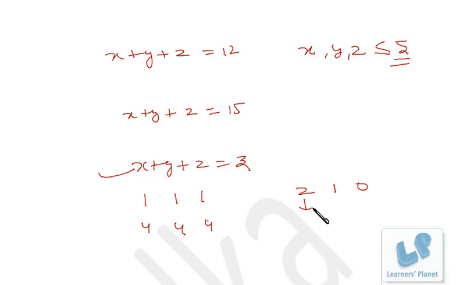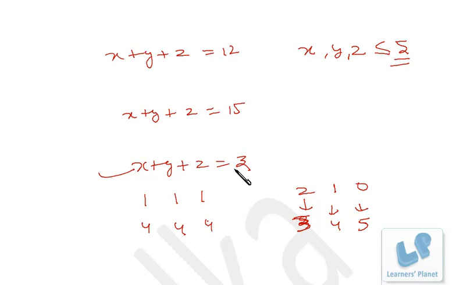In that case, x is losing 2 marks, that means he is getting 3. y is losing 1 mark, that means he is getting 4, and z is losing 0 marks, that means he is getting 5. Okay, so 3 plus 4 plus 5, the sum is 12. So again we are taking a reverse approach. I hope you are clear with this reverse approach as well.